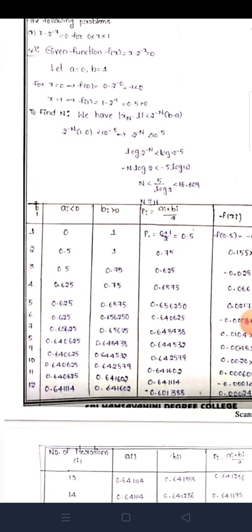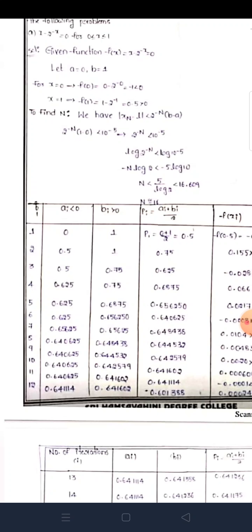Put i equals to 10. a10 is equal to 0.640625. b10 is equal to 0.642579. p10 or x10 is equal to 0.641602. f of x10 is equal to 0.0060. This is greater than 0.